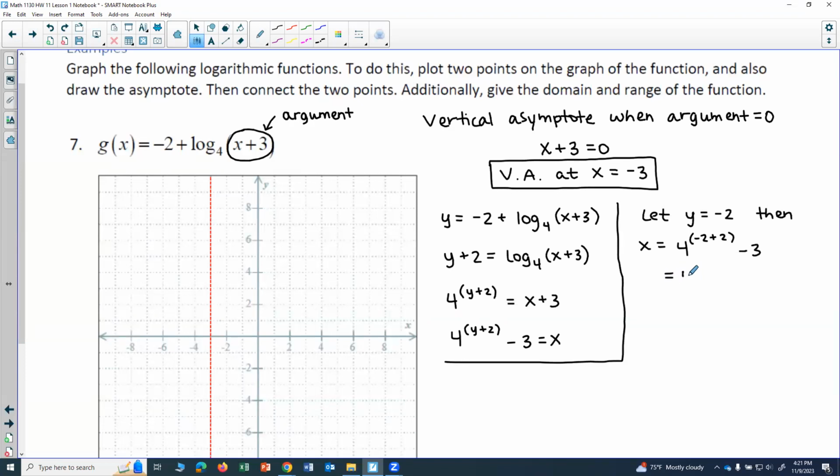That's really just 4 to the 0 minus 3, which would give me 1 minus 3, or -2. Remember, that's my x value, so my ordered pair is (-2, -2). That will be my first point that I plot.